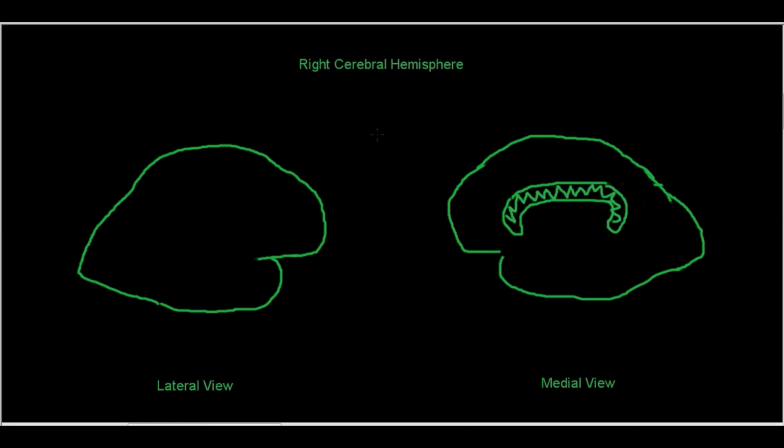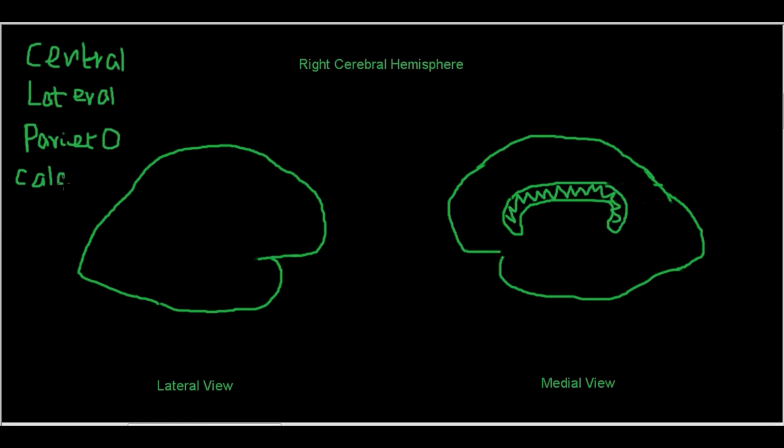So the 4 main sulci are the central sulcus, the second one is the lateral sulcus, the third one is the parieto-occipital sulcus, so I'm just going to write O here for occipital, and then the calcarine sulcus.